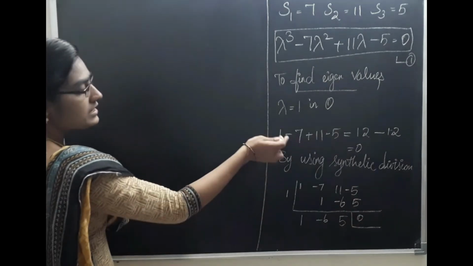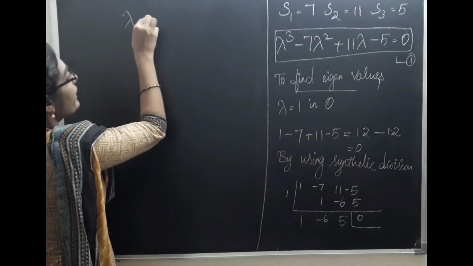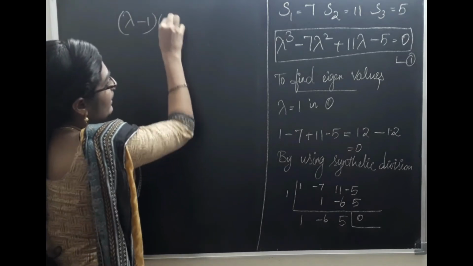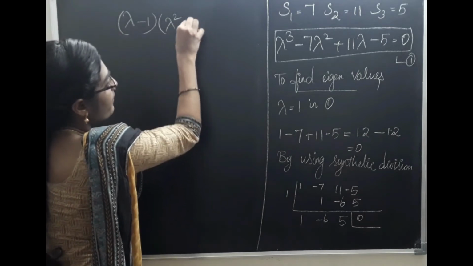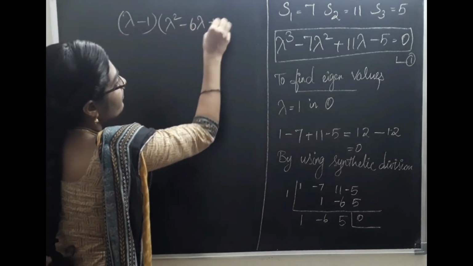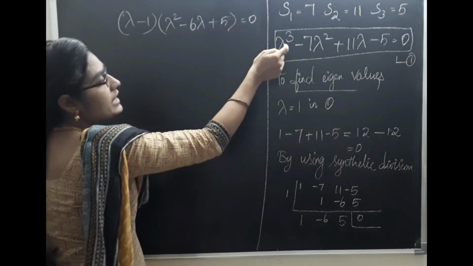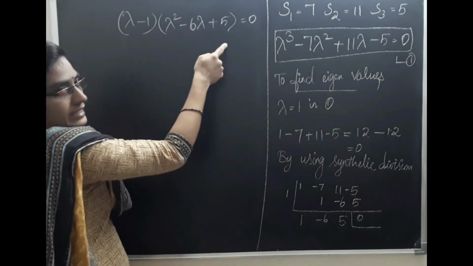So we can write this equation as lambda minus 1 into lambda square minus 6 lambda plus 5 equal to 0. So we have factorized this cubic equation like this.